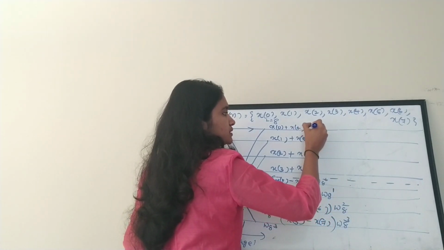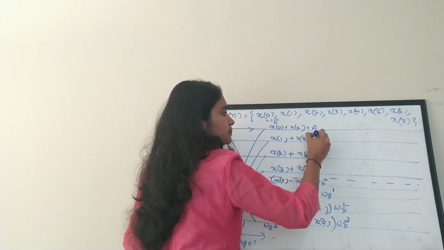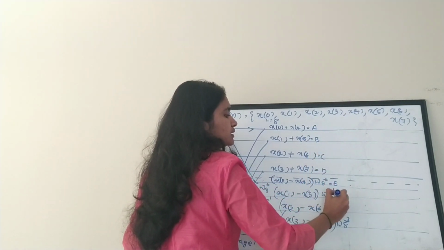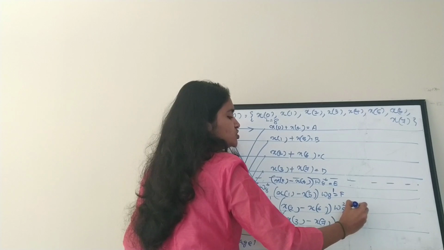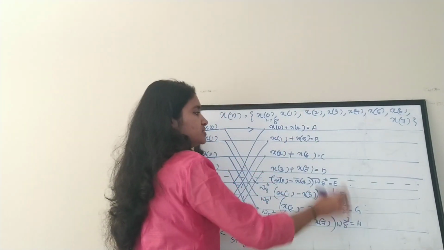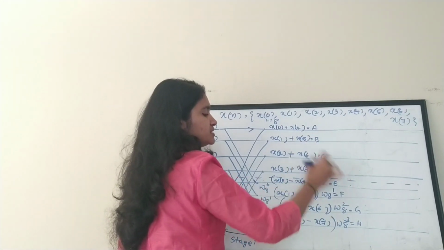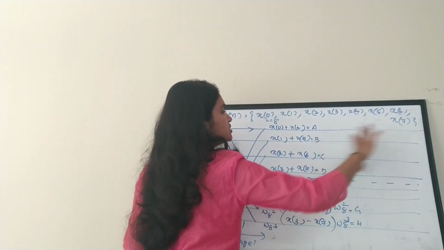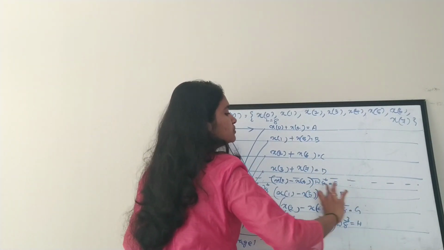Okay, so let's take the outputs to be A, B, C, D, E, F, G and H. I'm just assuming that the results are A, B, C, D, E, F, G, H. So this A, B, C, D will go to this portion and E, F, G, H will come to this portion.